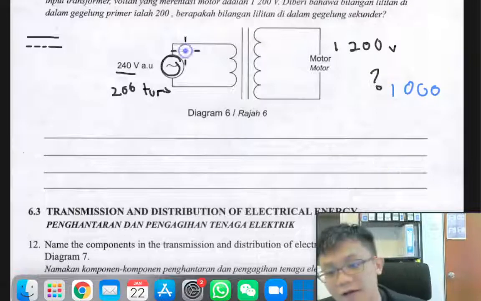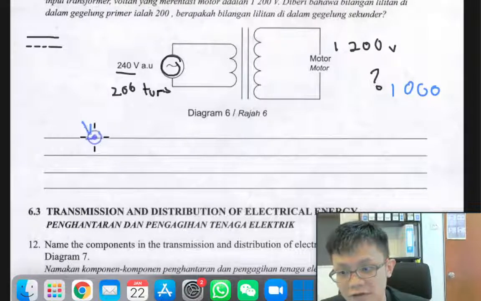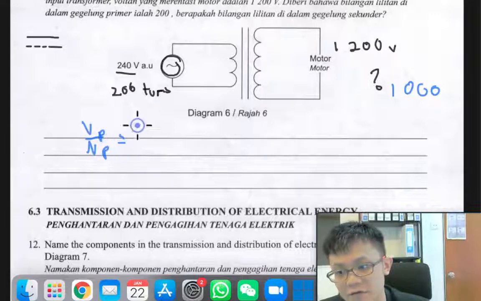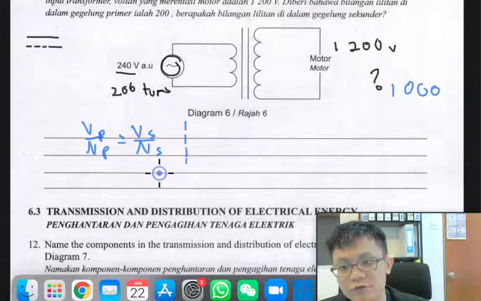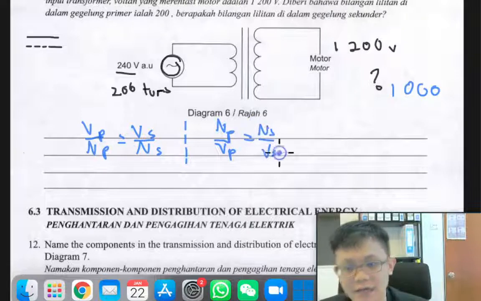The voltage for the input divided by the number of turns for the primary coil, Vp over Np, equals the voltage for the secondary coil divided by the number of turns for the secondary coil, Vs over Ns. Or if you want to flip it, Np over Vp equals Ns over Vs. It's still the same.